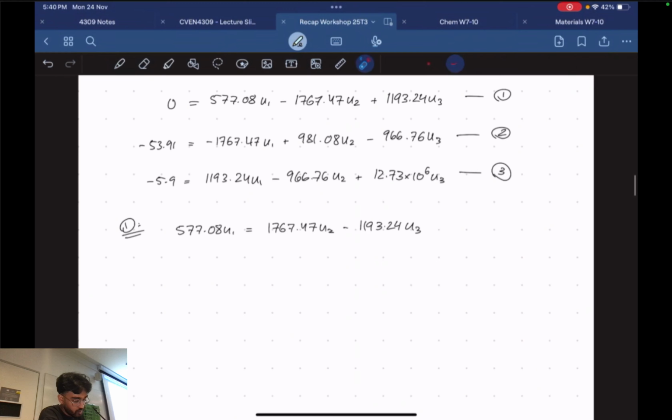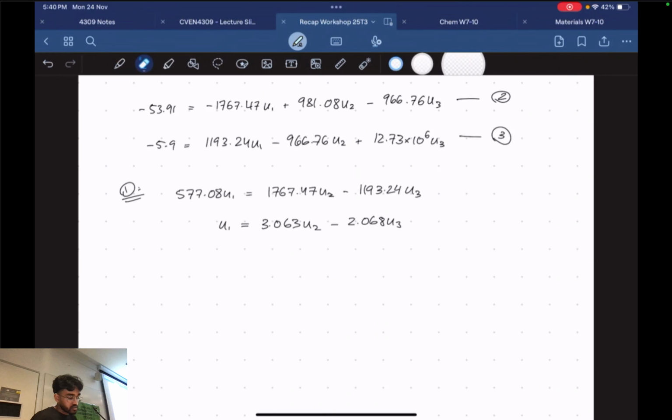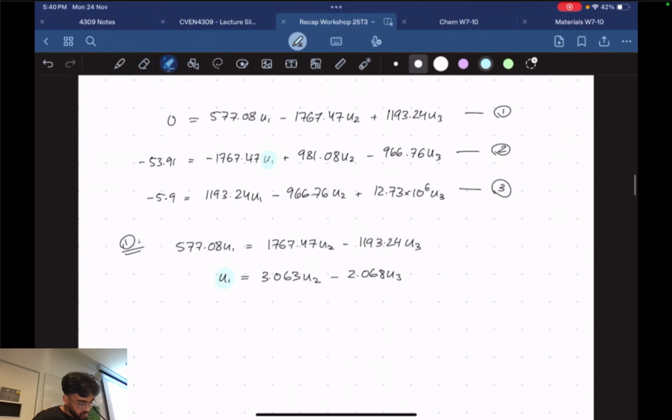So U1 is equal to 1767.47 divided by 577.08, which is 3.063 U2, minus 1193.24 divided by 577.08, which is 2.068 U3.